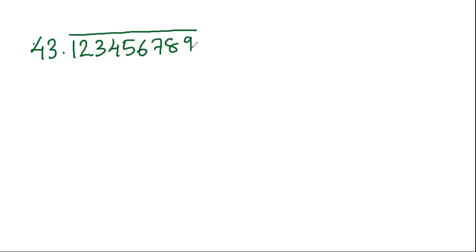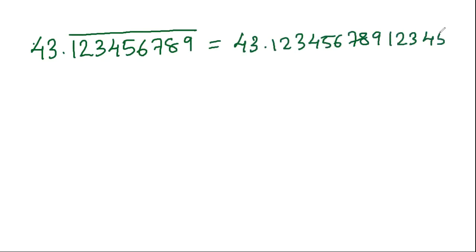So obviously this is a rational number, having recurring decimal places. That means we can write this as 43.123456789, again 1, 2, 3, 4, 5, 6 like that. The same block of digits is repeating again and again.